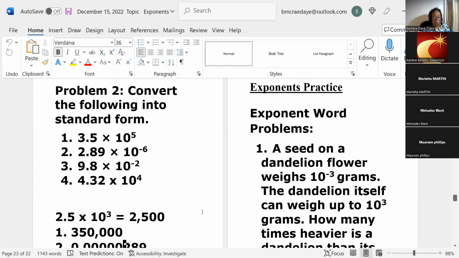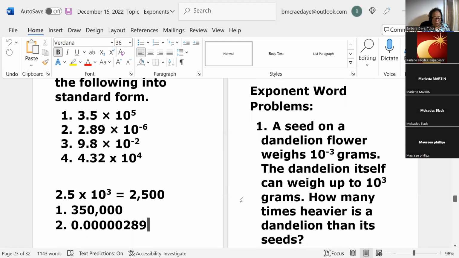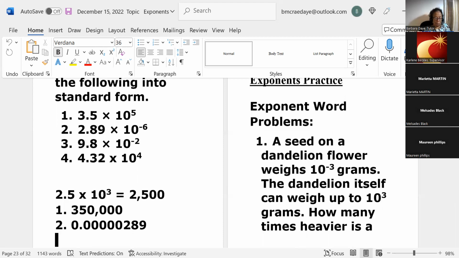What about number 3, Marietta? What would number 3 be? The standard form of 9.8 times 10 to the -2. So you have to put a 0.0, and how many zeros? 6 zeros.